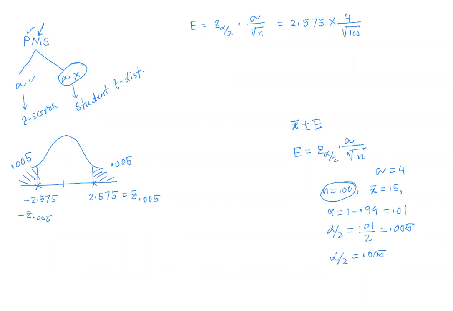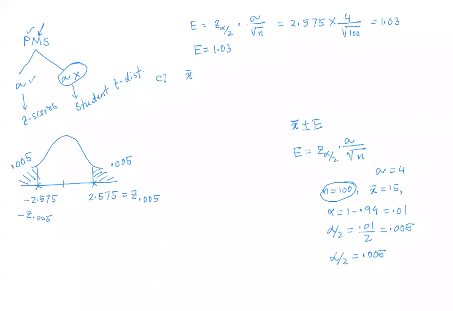So if you do the simplification, 4 divided by 10 is 0.4. 0.4 times 2.575 is 1.03. So E is equal to 1.03.